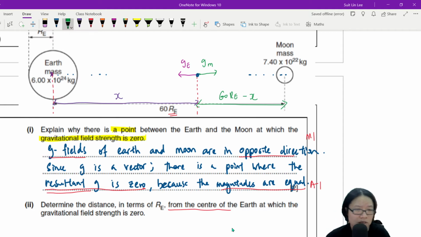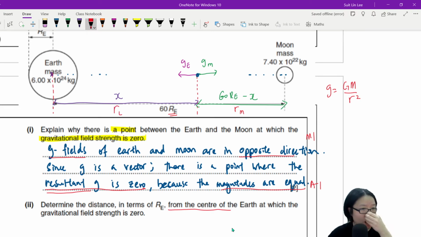Now you may be thinking, why do you care about the distance of the Moon from the position of the rock where the magnitude is the same? Well, I'm going to eventually use the equation G is GM over r squared. So here to here is the radius measured from the Moon. And here to here is the radius measured from the Earth.